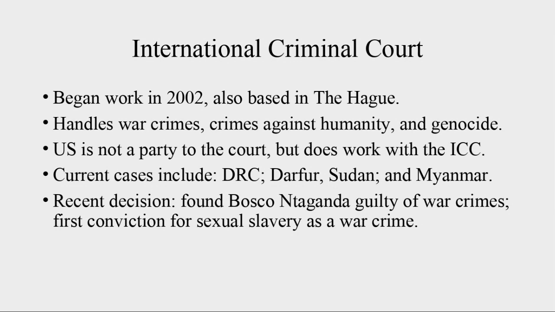So they recently convicted someone for sexual slavery as a war crime. At one point, the Democratic Republic of the Congo was labeled the worst country in the world to be a woman. So the fact that they are taking the crimes of rape and sexual slavery seriously is a positive step forward. So they have finally convicted someone for sex slavery as a war crime. So, progress.